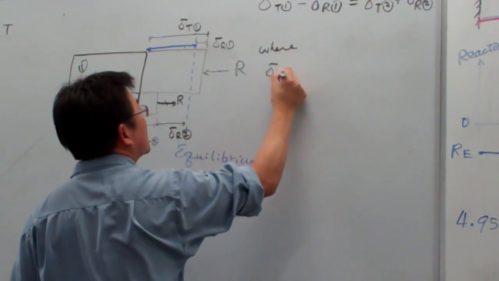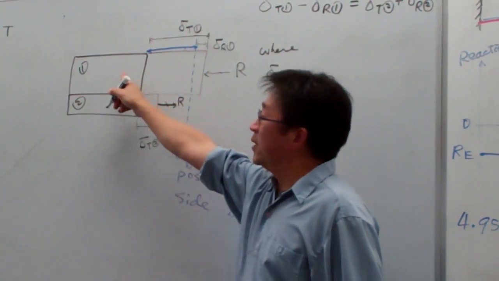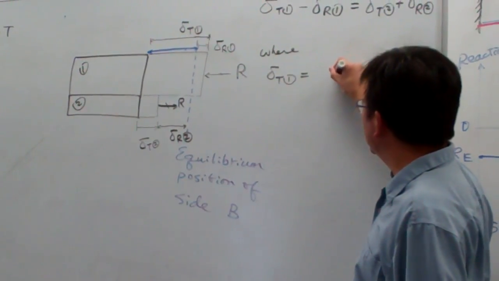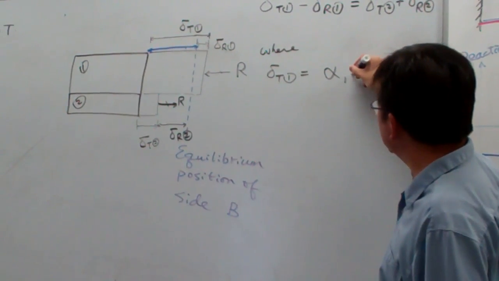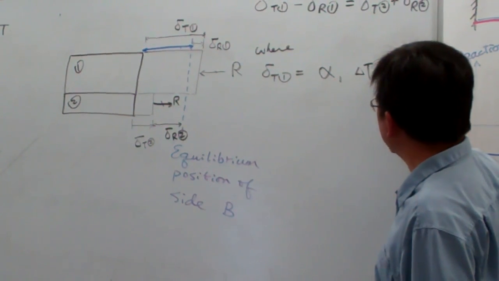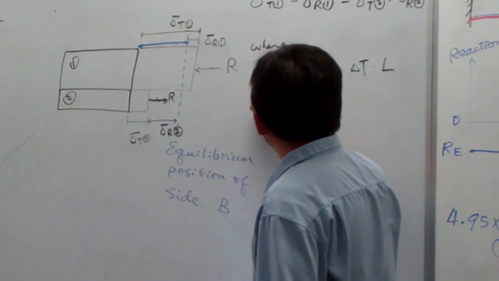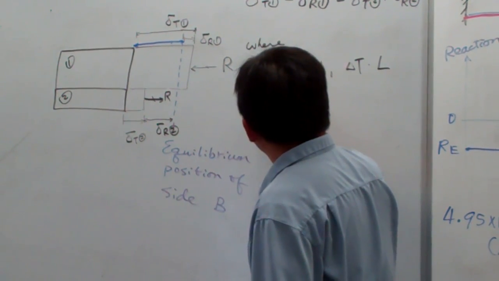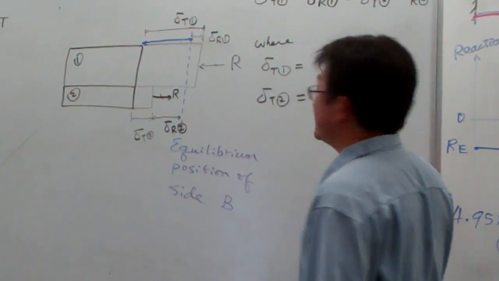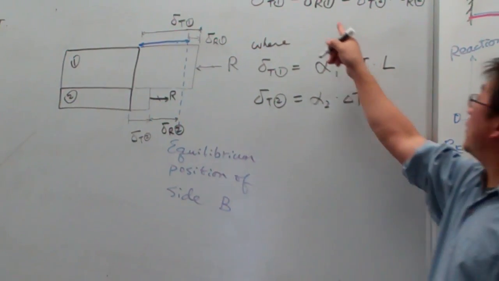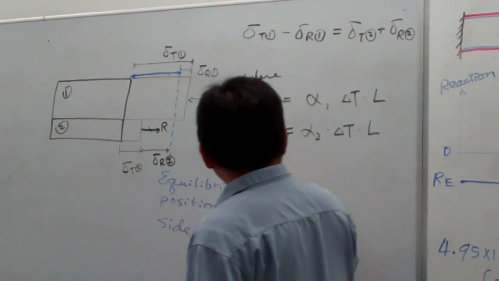Now we formulate the information one by one. Thermal deformation for material 1: we simply plug in our fundamental equation, alpha 1 times delta T times L. And what is the thermal deformation for 2? That is alpha 2 times delta T times L. And then what is the deformation due to reaction?